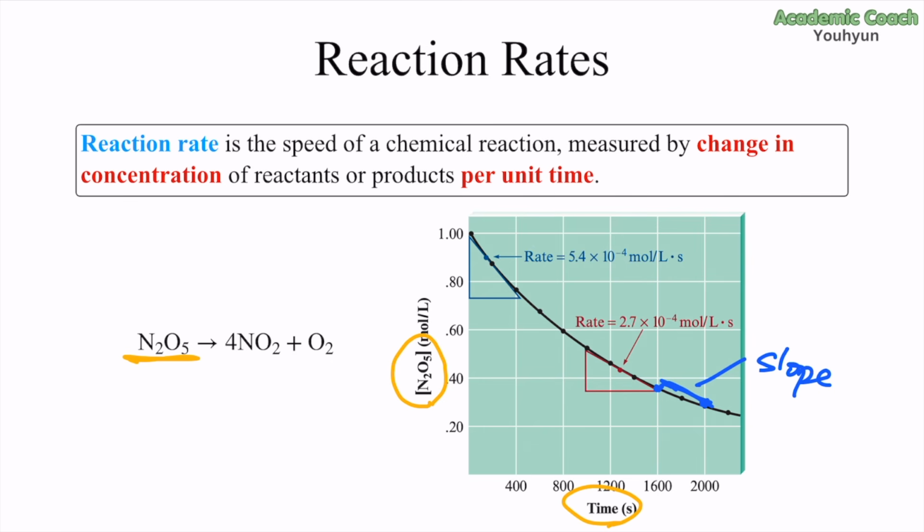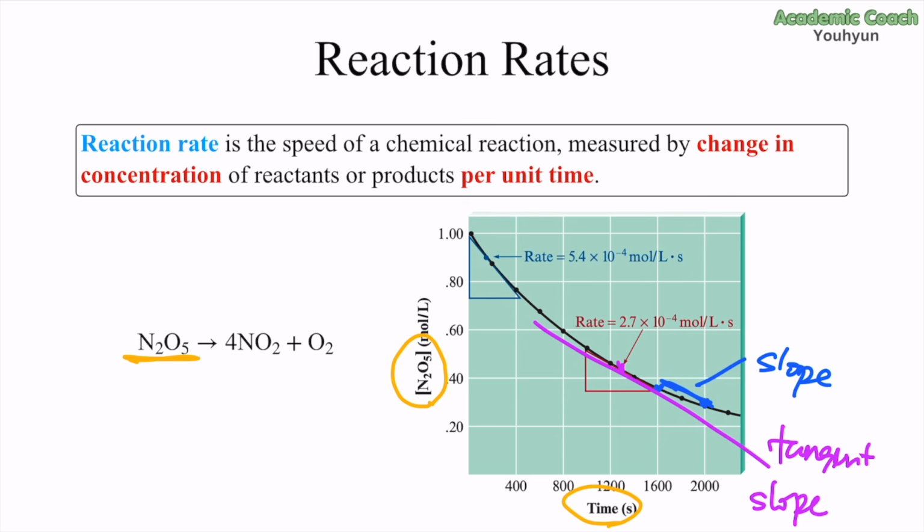Well, but that will be just an approximation. So to make it very accurate, that will be basically picking a point and drawing the tangent line and trying to find the slope of the tangent line. So that is the accurate rate of change in the concentration of dinitrogen pentoxide.